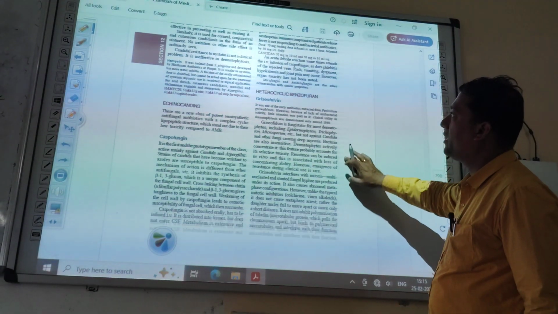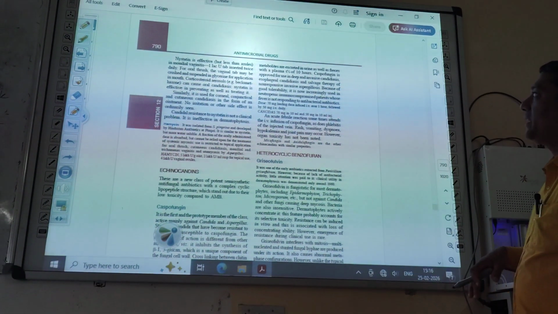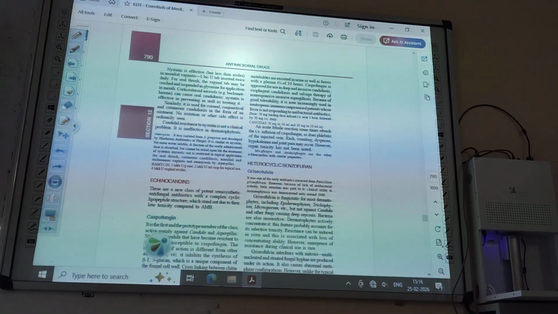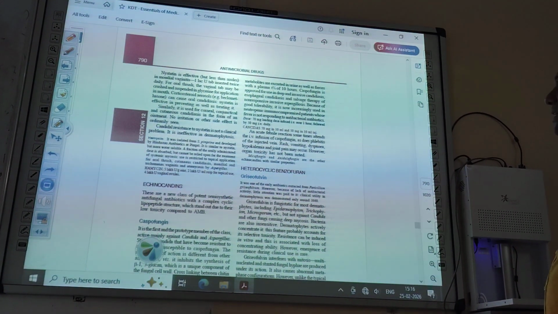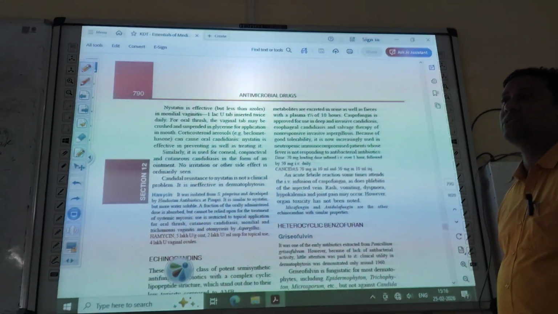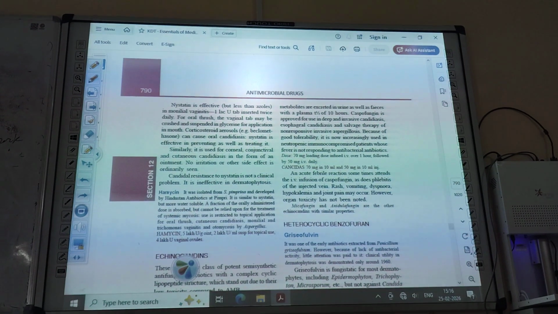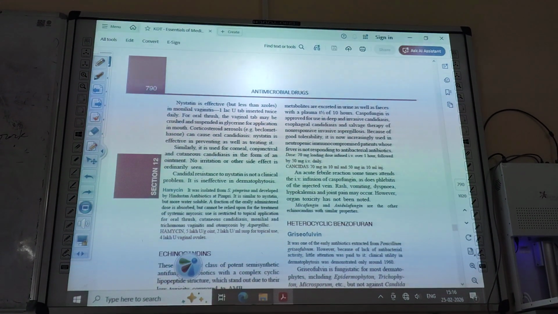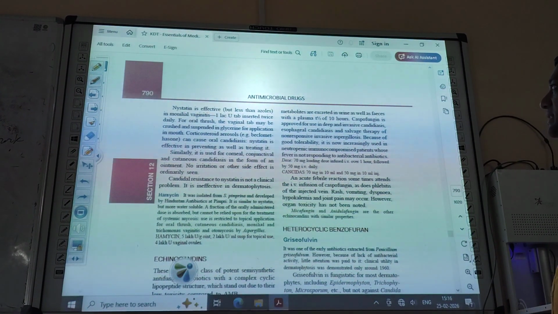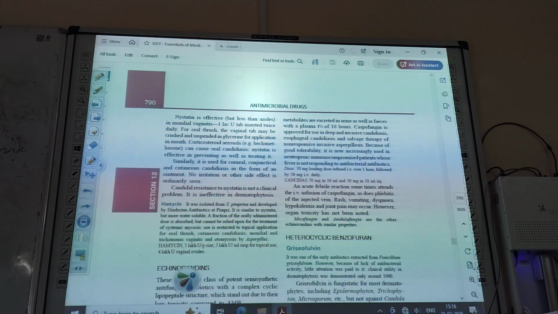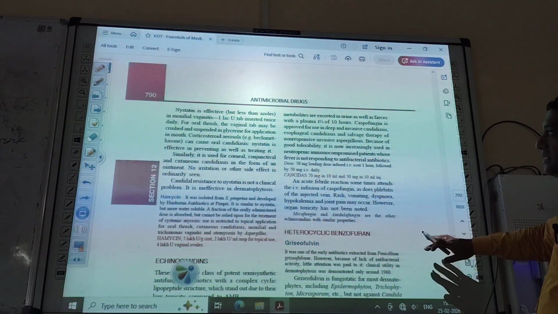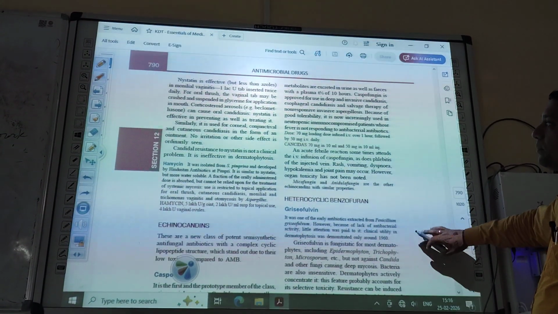Nystatin is effective, but much less than azoles, imidazoles and triazoles. But it is effective against fungal infection in monilial vaginitis, with vaginal antifungal properties. Candidal resistance to nystatin is not a clinical problem.